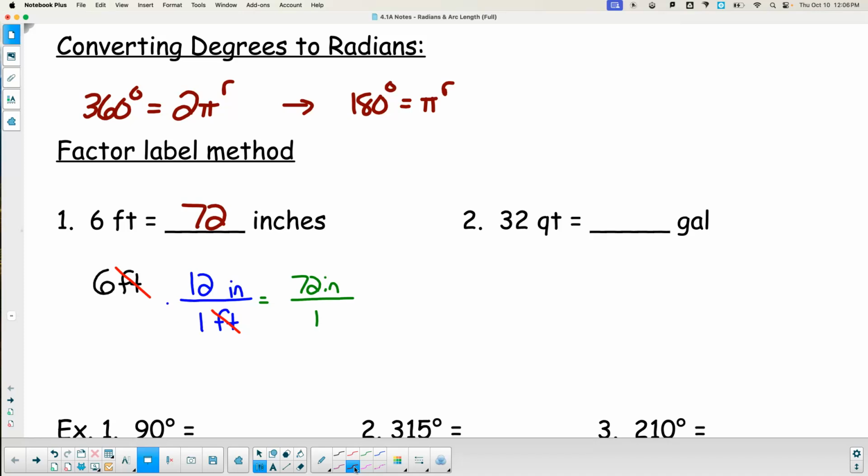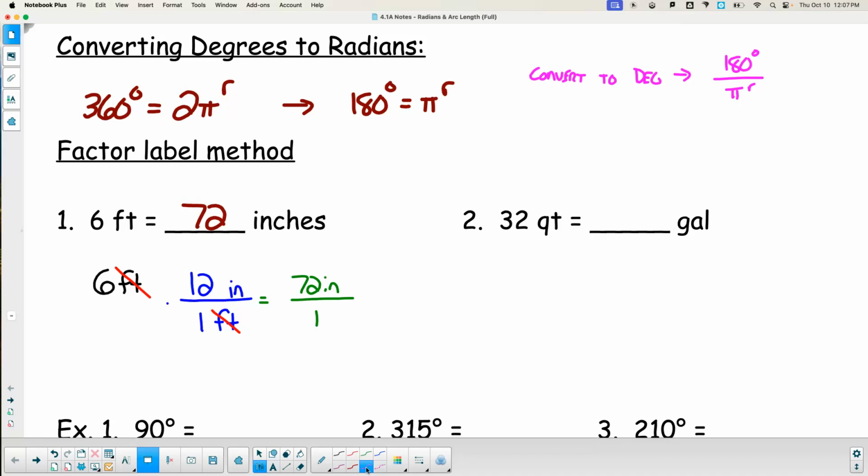Now, I can't say you're always going to use the same fraction, because you wouldn't always necessarily use this 12 inches to 1 foot fraction in that order, because if you're given inches, converting it back into feet, then it gets reciprocated. So, if you are converting degrees, then your fraction is going to be 180 degrees over pi radians.